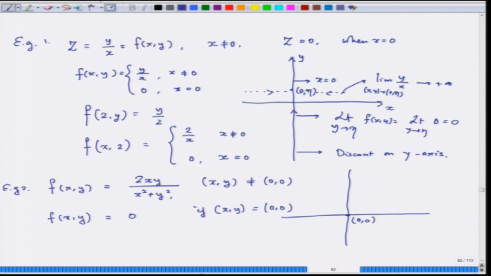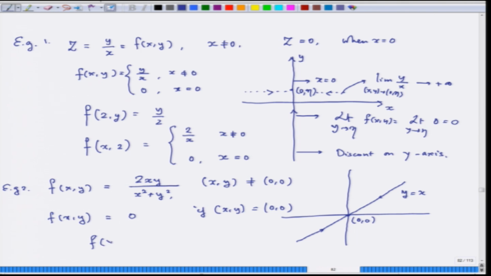Why do you think that this function does not have continuity at the point 0 0? Just take a line, approach 0 0 through this line, the line y is equal to x, and you put y equal to x here. When you put y equal to x here, what would happen?